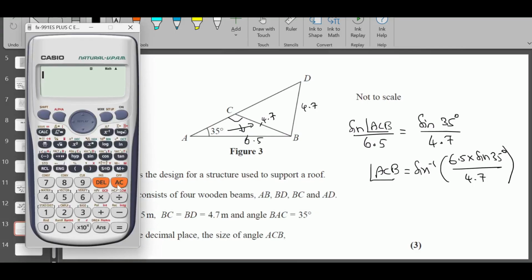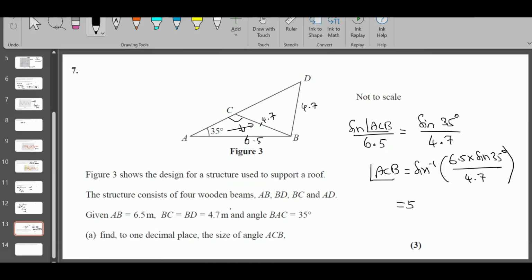Let me calculate this. Make sure the calculator is in degree mode. 6.5 times sine 35 degree divided by 4.7, and then sine inverse of this answer, 52.489, etc.